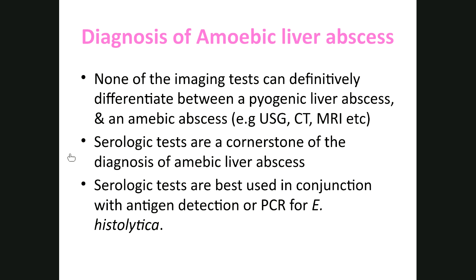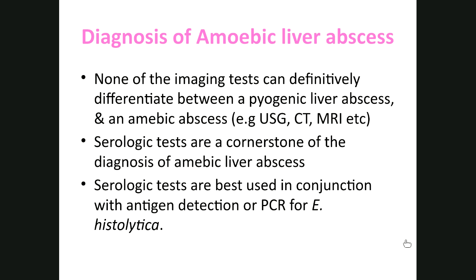Now, to aid all these findings, you can do a serological test. The serological test is positive in 50% of cases of amoebic liver abscess. If you find a serological test positive, you have the diagnosis. But if it is negative, you still cannot rule out the diagnosis of amoebic liver abscess.